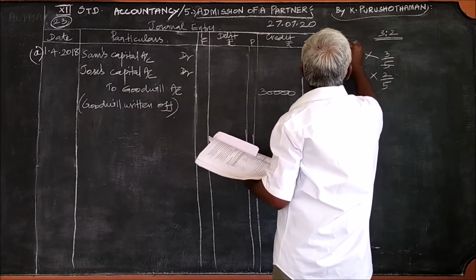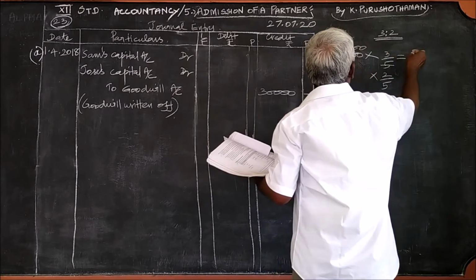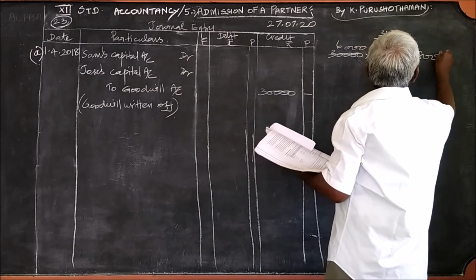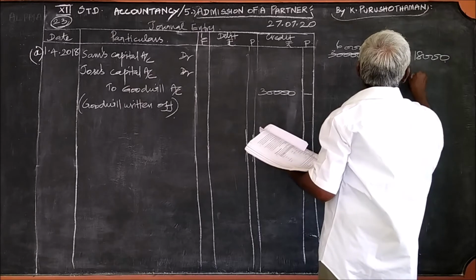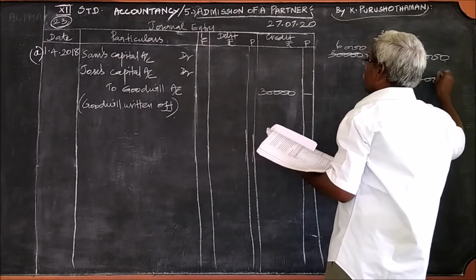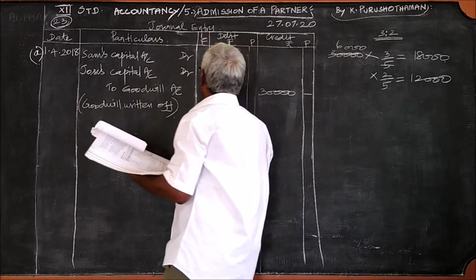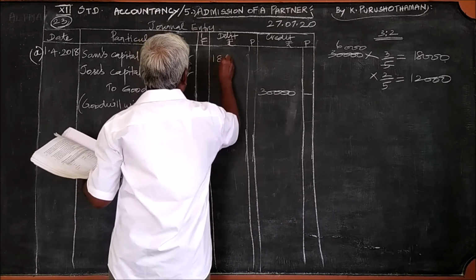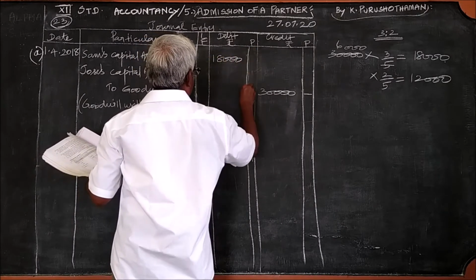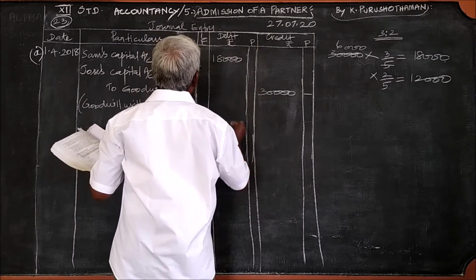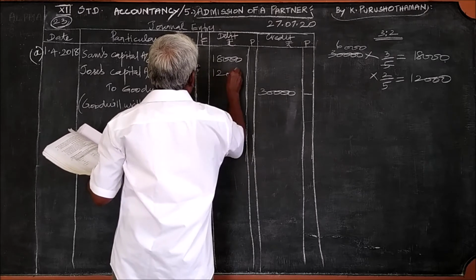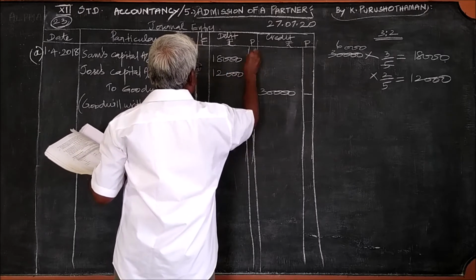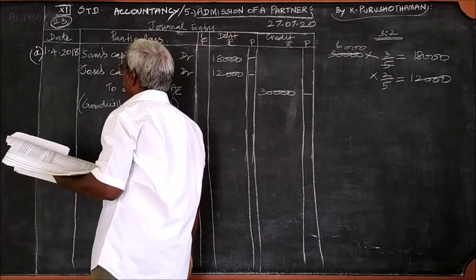Simplify it. 6,000, 3 into 6,000, 18,000, and 2 into 6,000, 12,000. So 18,000, 12,000, total 30,000. Goodwill written off.